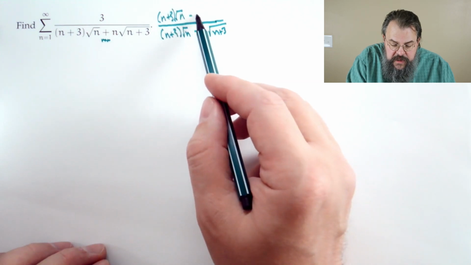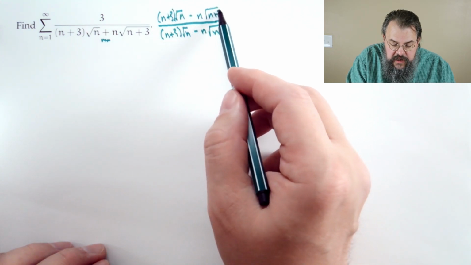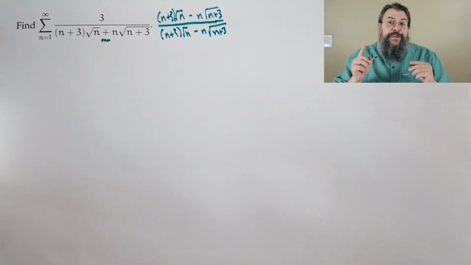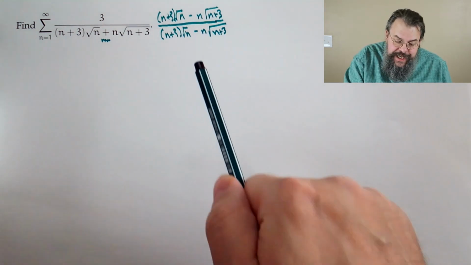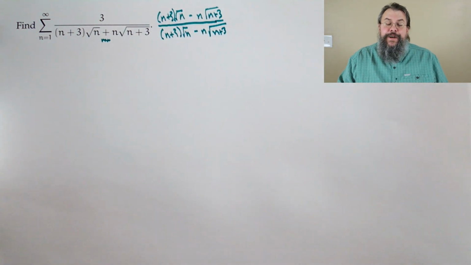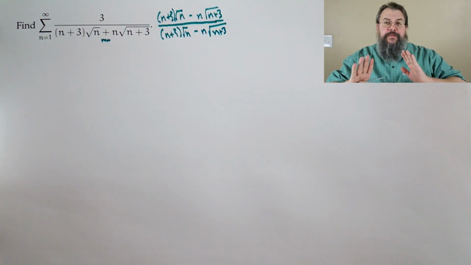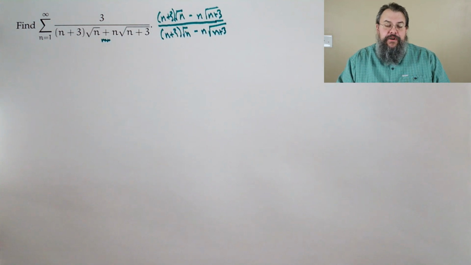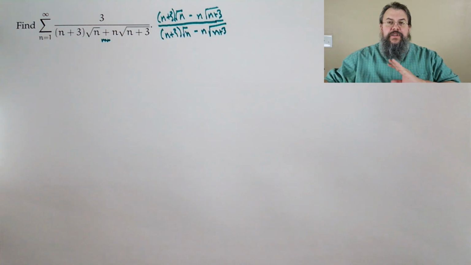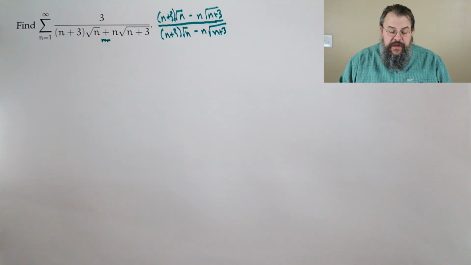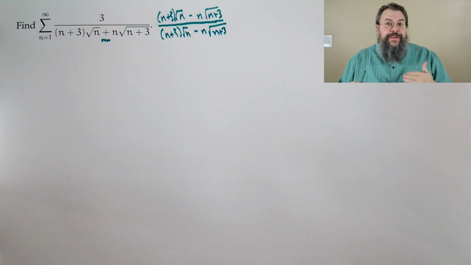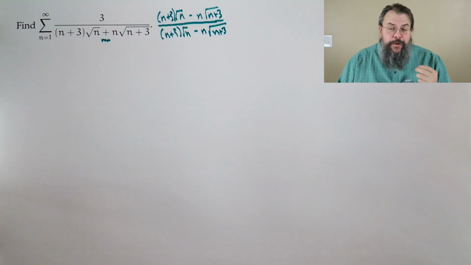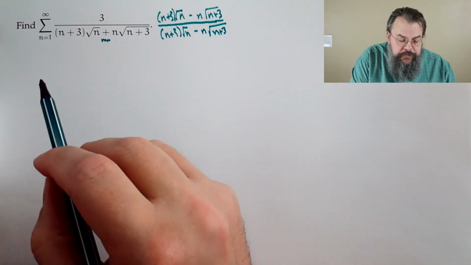Now, notice that in addition to getting rid of the square roots, there's something else kind of cool which is going to happen here, which is we're going to get a minus sign because we really like having something subtracted when we talk about doing telescoping, because the goal is to get some cancellation with some terms that happen later on. So the fact that we're getting a minus upstairs is a bonus. It's making us feel like, yeah, we're on the right track. We're doing what we should be doing.